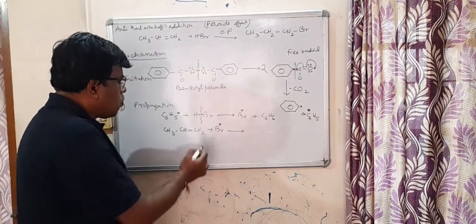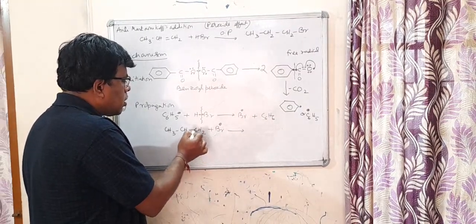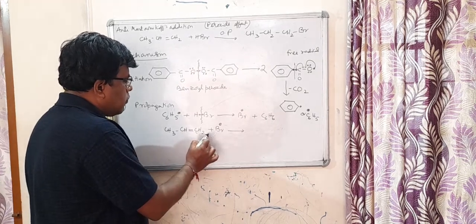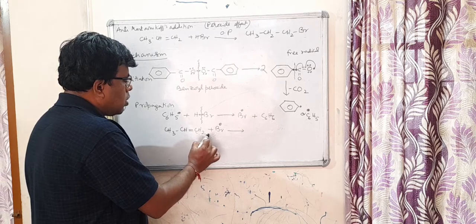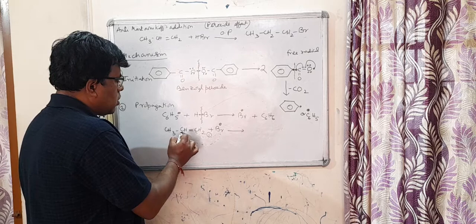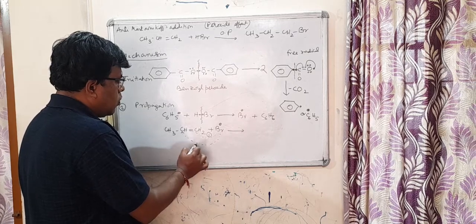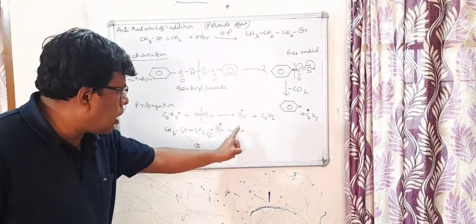There are 2 possibilities of attack. It can attack here, if I call it 1, and it can also attack here, if I call it 2. So I am showing both possibilities here.